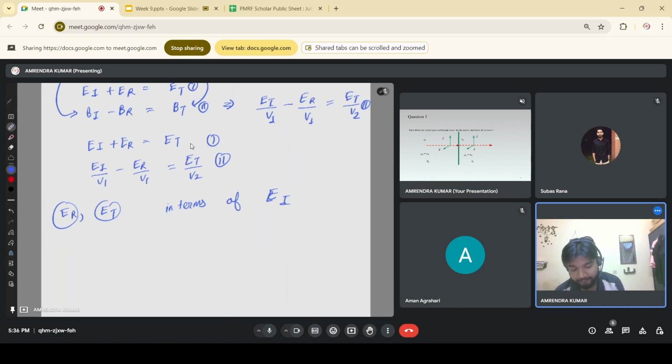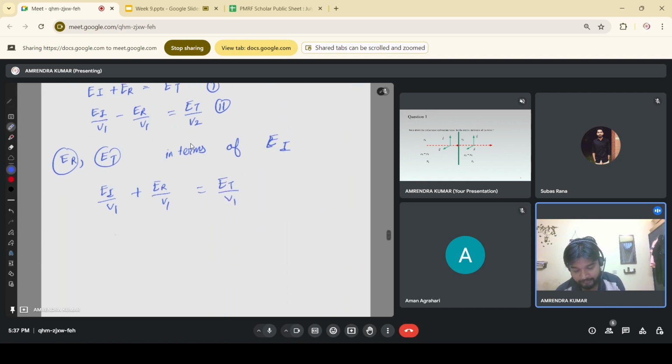So divide both sides of equation 1 by V1. So EI over V1 plus ER over V1 is equal to ET over V1. And we also have equation 2: EI over V1 minus ER over V1 is ET over V2.